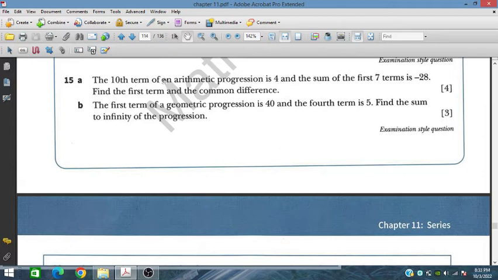The 10th term means a plus 9d is equal to 4, and the sum of the first 7 terms is minus 27. Find the first term and the common difference. So we have to find the value of a and d.